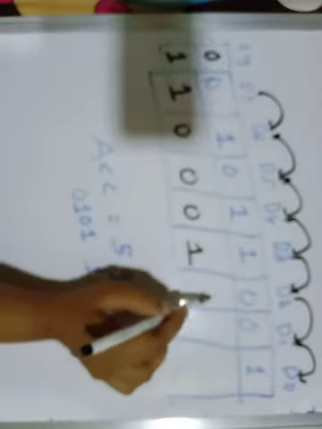Now shift the bit D7 into D6, D6 into D5, D5 into D4, then D3, D2, and likewise. So this is your final answer, 8CH. This is the RRC, rotate the accumulator to right.